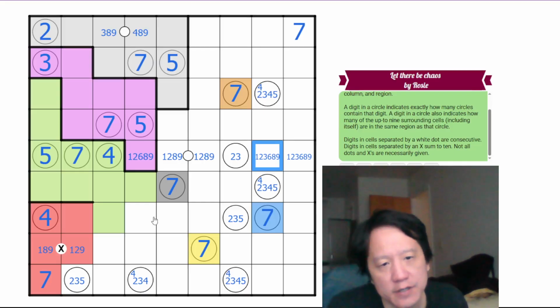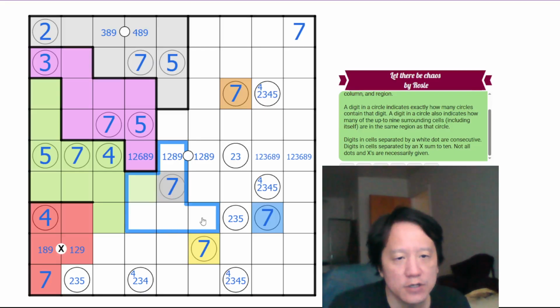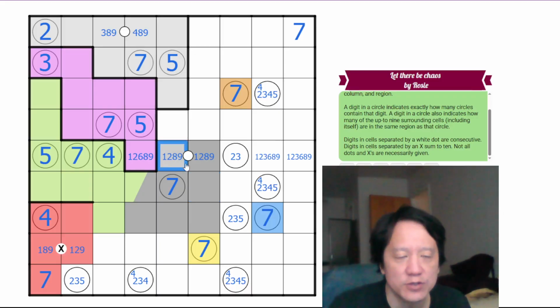Okay, where can dark, yellow, and blue reach out to? So dark can go any of these, and then 2 more. Or this is not dark, this is medium. Could go potentially 2 more there, 2 more here, 2 more here, 2 more here. It really can't go 2 more here.